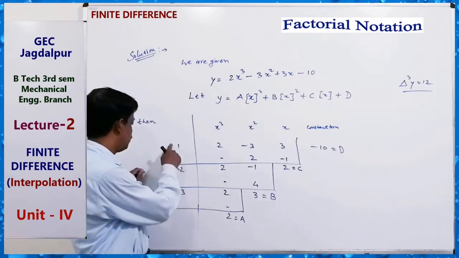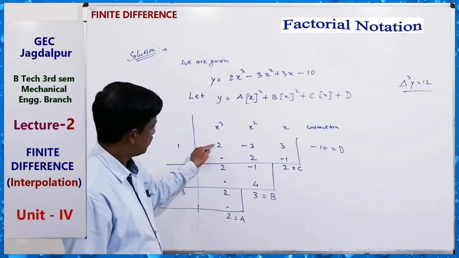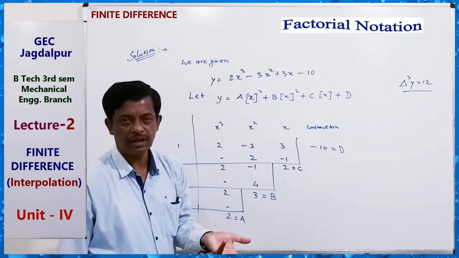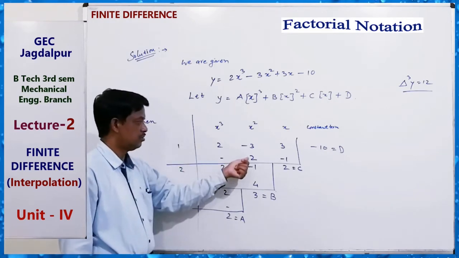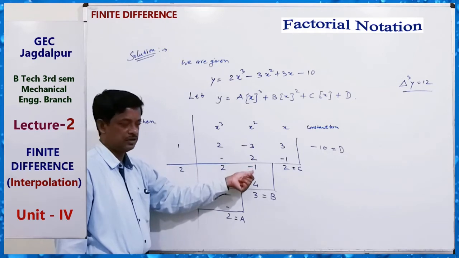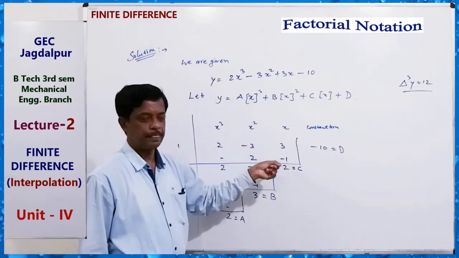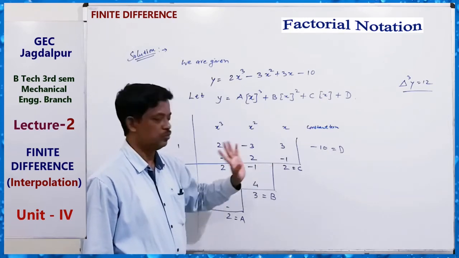Now, write 1, 2, 3 and so on, and carry over the first coefficient, which will remain unchanged. So 2 is here, 1 into 2, put here, then sum it, minus 1, and 1 into minus 1, put here, that is minus 1, minus 1 and 3, 2.